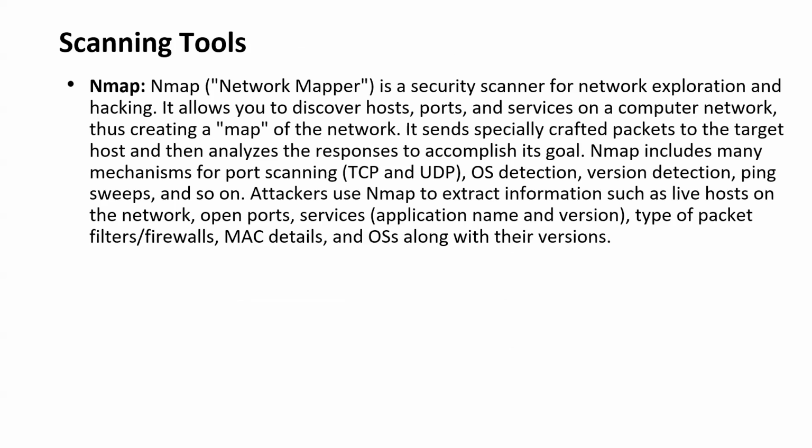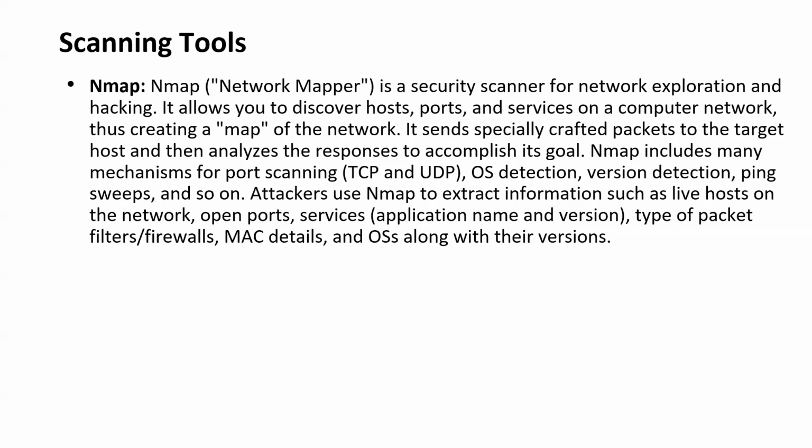This is one of the tools, Network Mapper, which we call Nmap in short. This is a widely used scanning tool, and it has a lot of features. You can use this tool to scan the target systems using TCP, UDP, and ICMP protocols, and it will give you all the details: what IP ranges the target systems have, what the operating systems are, what the topology looks like, and how many hops the target system is away from my machine.